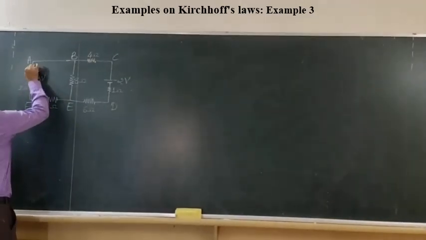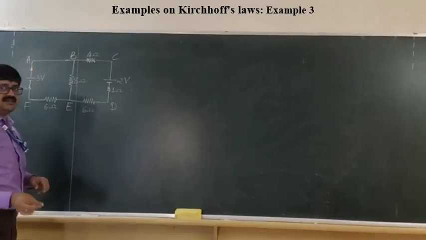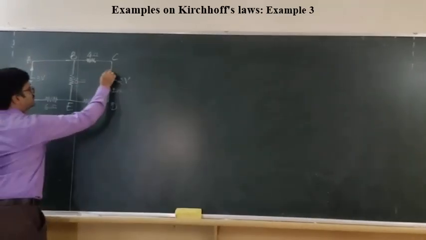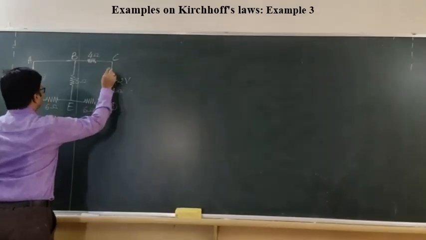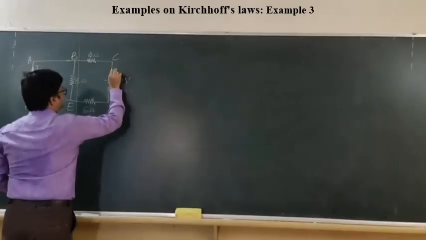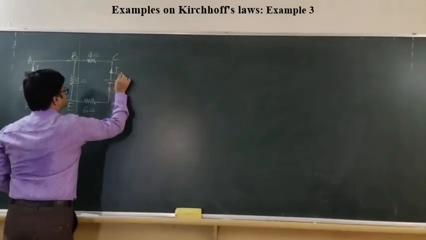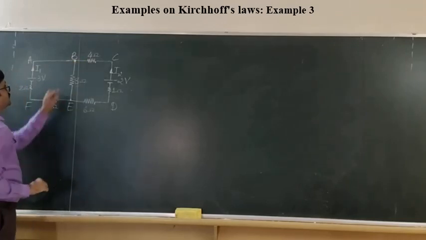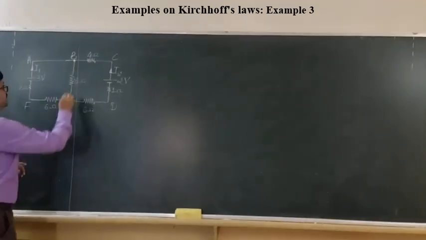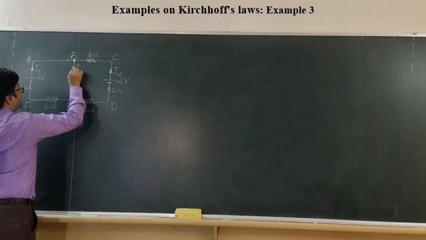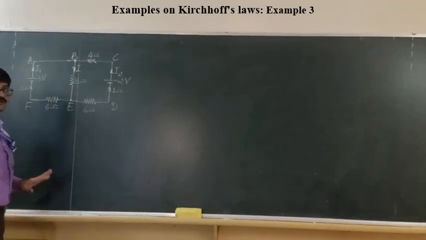I'll take the current direction always as coming out from the positive terminal. So here one current, here a second current. I'll take this current as I1 and this current as I2. Then these two will combine at node junction point B. So I'll take the combination of these two currents as current I that flows through the 8 ohm resistance.